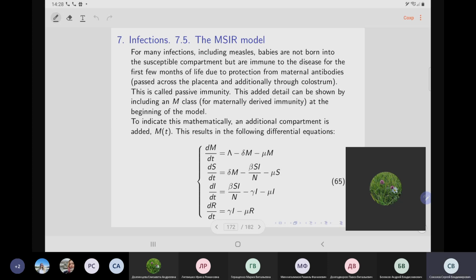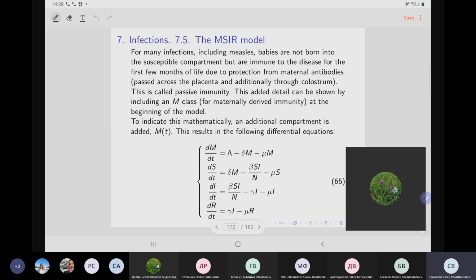There are some more classes of the epidemic equations, for example, the MSIR model. There is some number of newborns that can be immune for the first few months of their life, as they are protected by maternal antibodies.